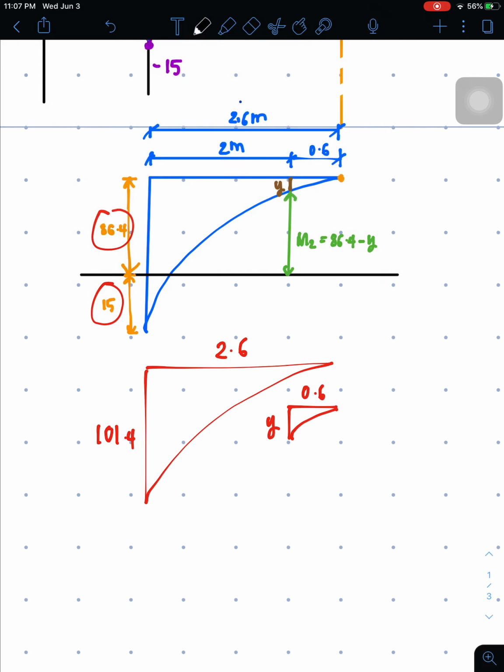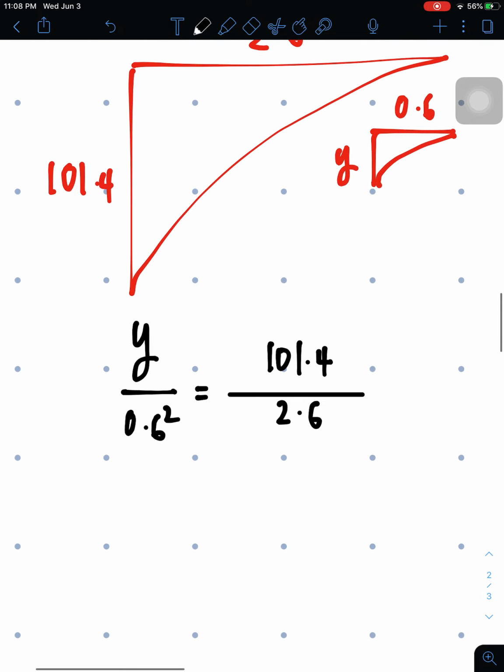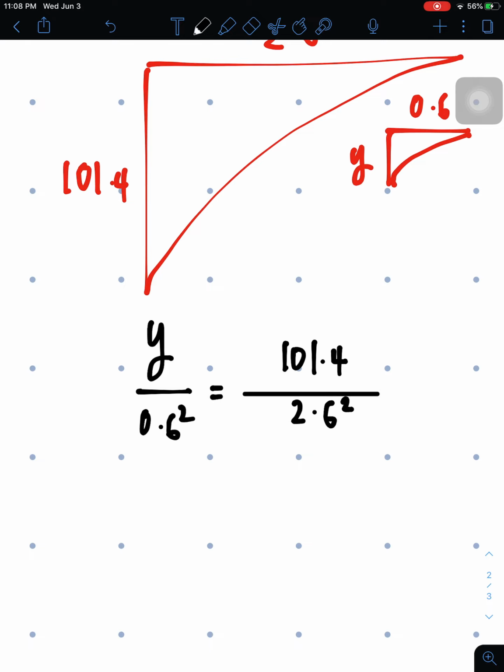So by ratio and proportion, we have y over 0.6 squared equal to 101.4 over 2.6 squared.